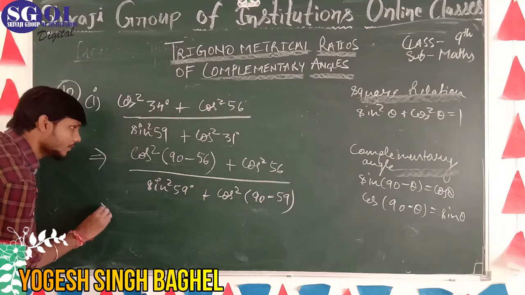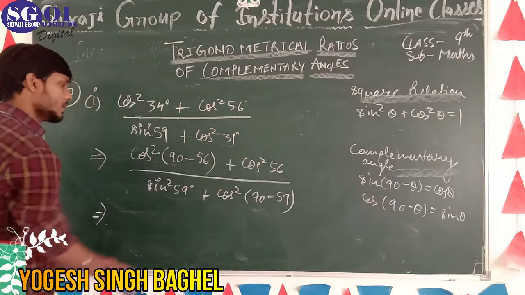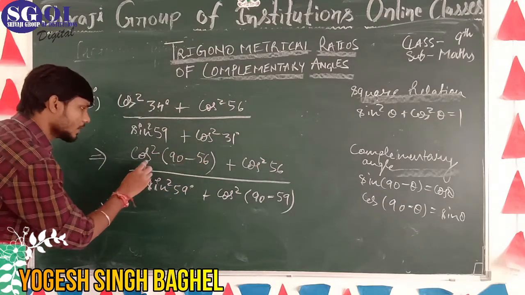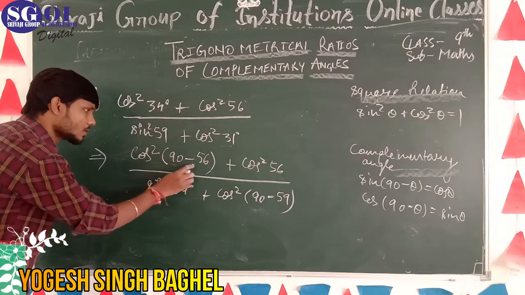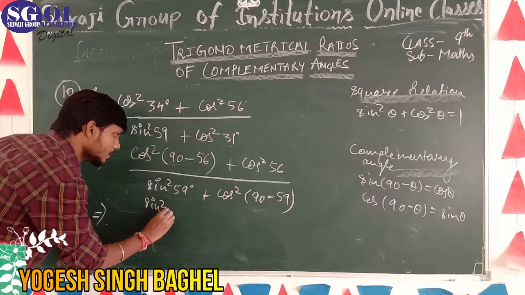Now here we use complementary angles: sin(90 minus theta) is cos theta and cos(90 minus theta) is sin theta. So cos(90 minus theta) comes sin theta.